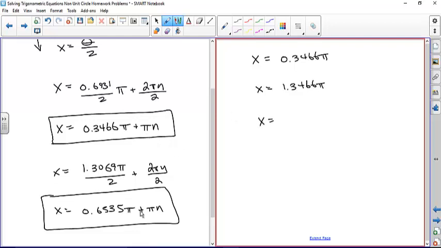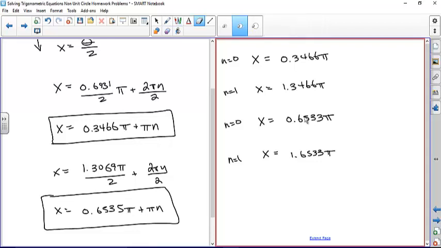And then I go to the next one, which is 0.6535 pi. And so this was n equals 0, this was n equals 1, this is n equals 0, this is n equals 1. So again, I add 1 to that, 1.6535 pi, sorry.